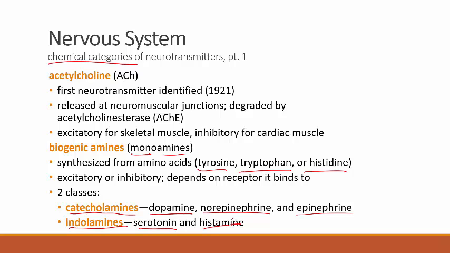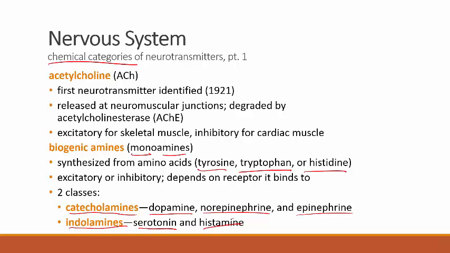So dopamine is sometimes thought of as one of the happy drugs, because dopamine release in the brain generally promotes feelings of euphoria. Then norepinephrine and epinephrine. Serotonin is one of the neurotransmitters that we tend to be messing around with when we're trying to treat depression, trying to help serotonin remain in synapses.